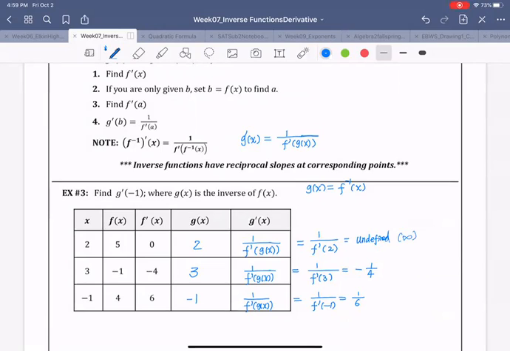Now you can do g prime of 3. You want me to do g prime of 3? Yes. Well, I literally just did g prime of 3 for you.